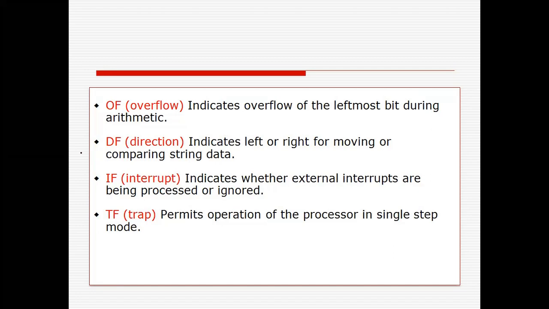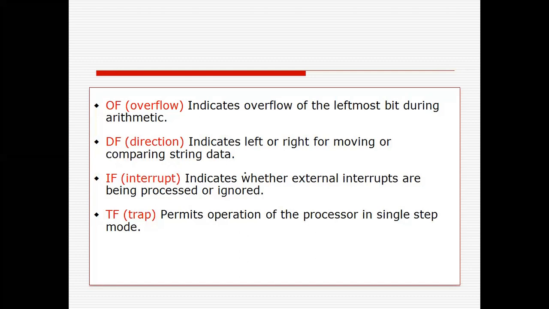So we will conclude today's class with one or two points: the three control flags. The control flags are used for processor control operations. We have three control flags: direction flag, interrupt flag, and trace flag.